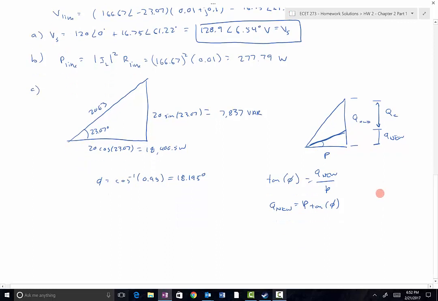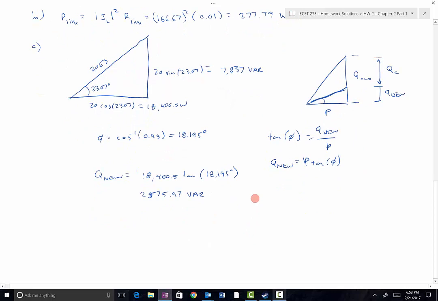So Q new is going to be equal to 18,400.5 times the tangent of 18.195 degrees. And so I get a new Q of 2575.93 VARs. Previously I had 7,837. Now if I correct the power factor to 0.95, I only have 2,575.93 VARs.